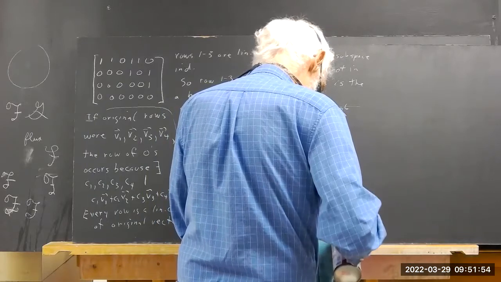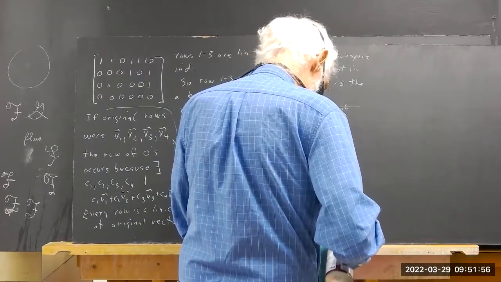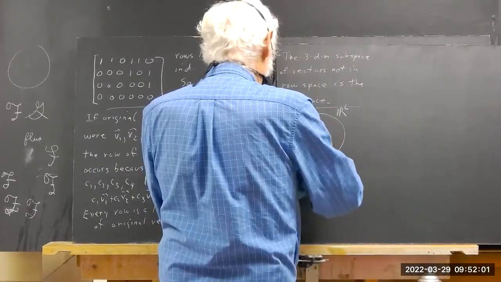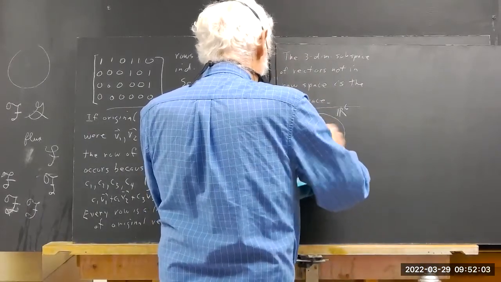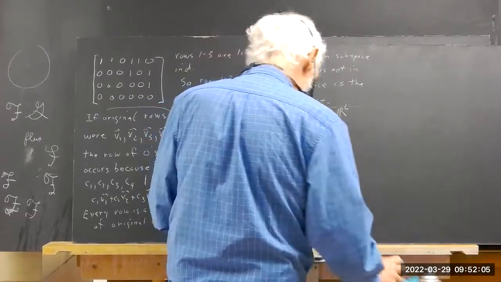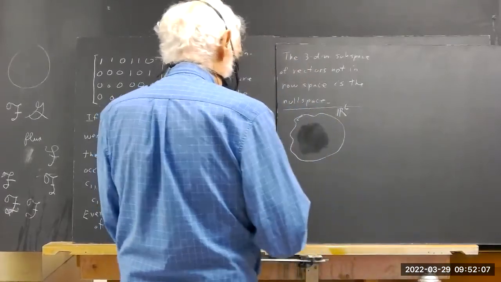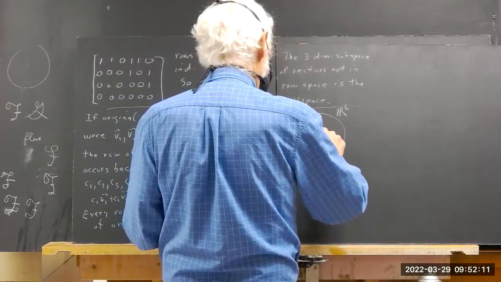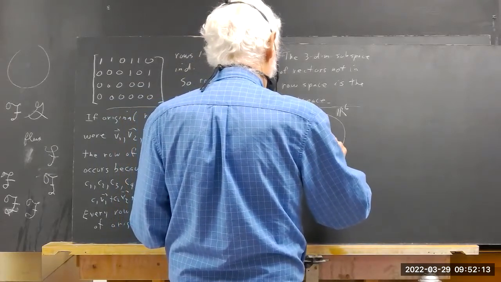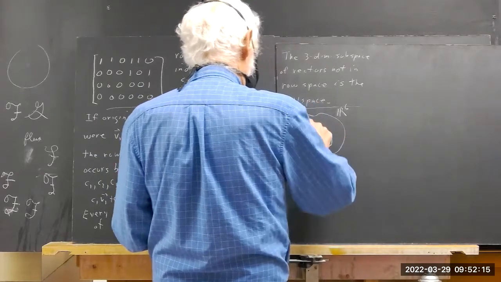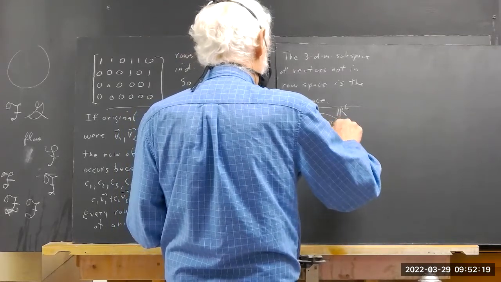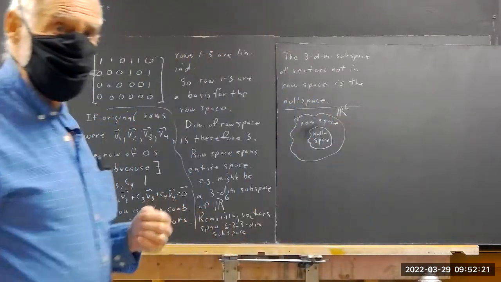Well, not the column space, the null space. Here's the null space. Here's the row space.